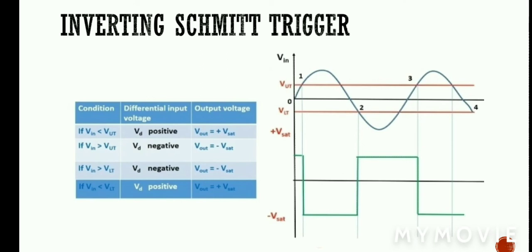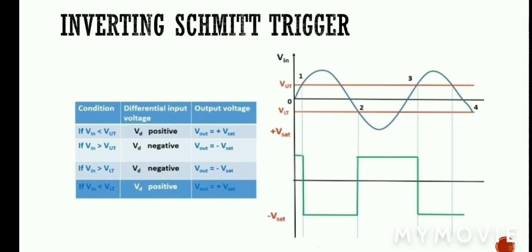So applying these conditions, we draw the waveforms from point 0 to point 1. We can say that Vin is smaller than VUT, and after that Vin is greater than VUT. So for Vin greater than VUT, output voltage is Vout equals minus V saturation. So we are drawing minus V saturation.